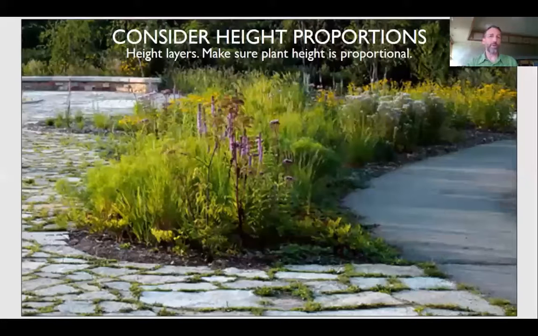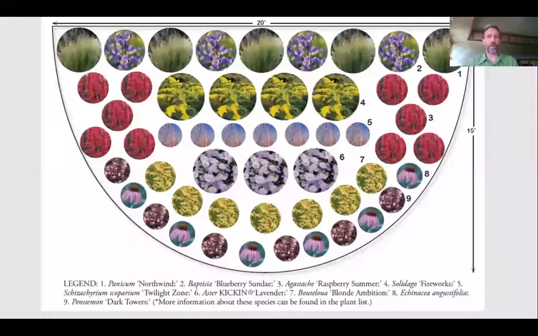Here's an example of a bed that may be about 8 to 10 feet wide. The landscape architecture principle kind of tells us that we don't want the height of the plants to be more than half the width of that garden. So let's say that's 10 feet wide there. We wouldn't want those plants to be more than about 5 or 4 feet tall in the middle. Just one of those principles we kind of generally follow.